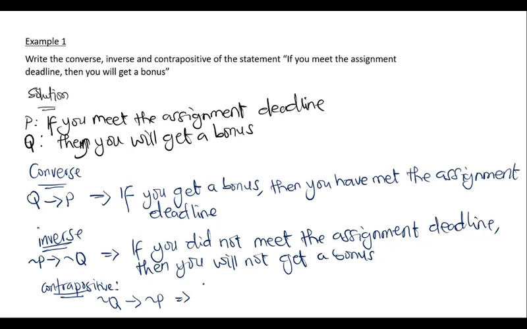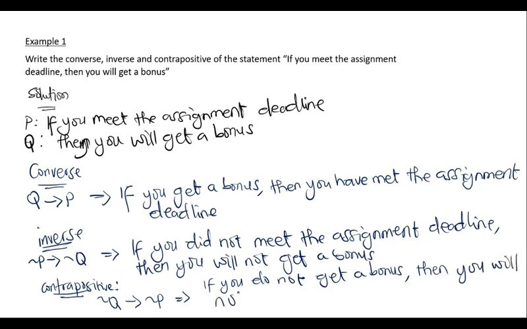So let me try and squeeze that here. If you do not get a bonus, that is, on condition that you didn't get a bonus, then it implies you will not have met the assignment deadline.